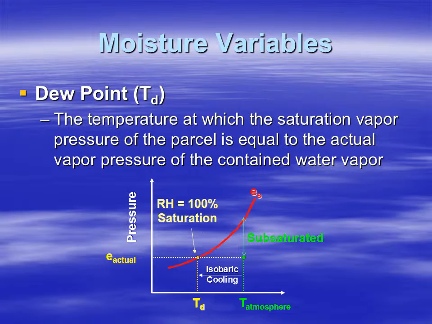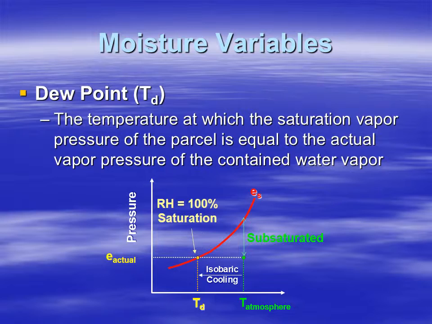The actual amount of water vapor is that green dot at a particular temperature T. And at that particular temperature, you could have a lot more water vapor in the atmosphere. You can have, as that arrow indicates, all the way up to that red line. In this case, our atmosphere is subsaturated. Saturation amount is on the red line, and the actual amount is that green dot.